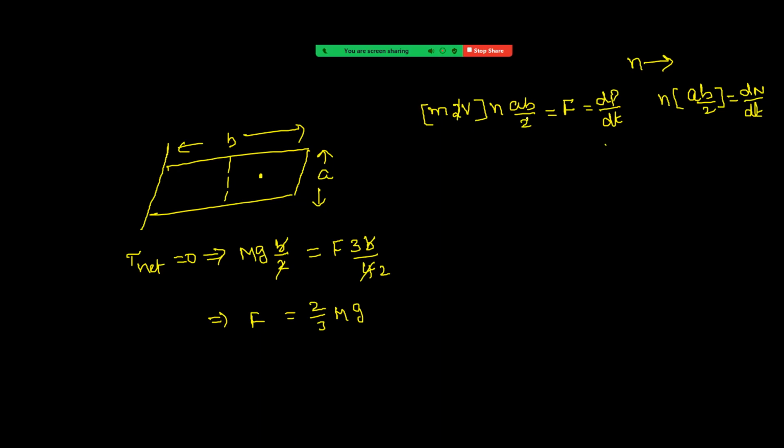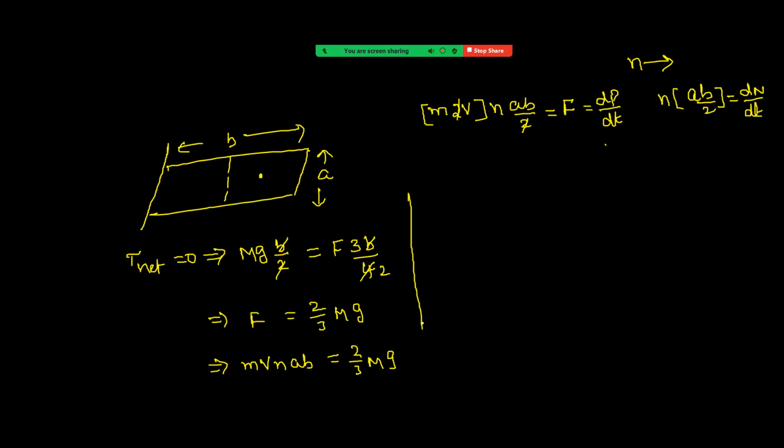Remaining only calculation part, substitute here. In the place of F, it is small m V N A B, that is equal to 2 by 3 capital M G.